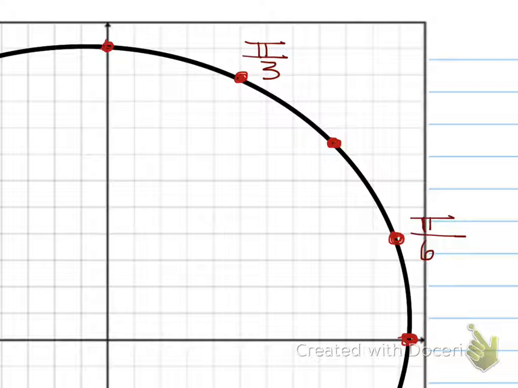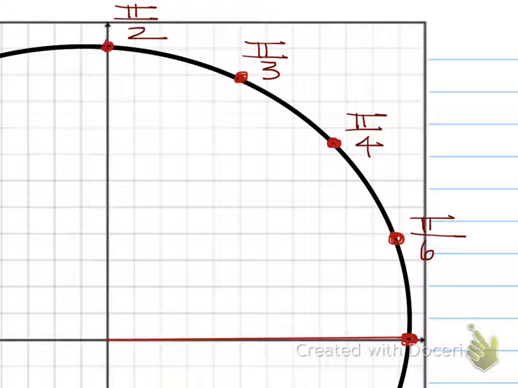All the way at the top, 90 degrees is the same thing as 3 pi over 6 radian. If we simplify that, we get pi over 2 radian. And then 45 degrees is the same thing as pi over 4 radian.